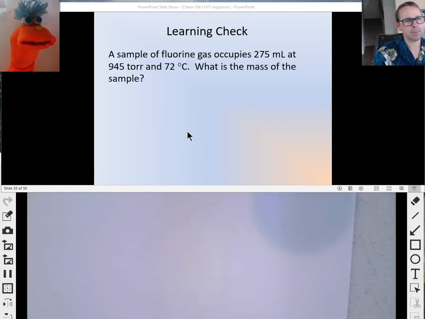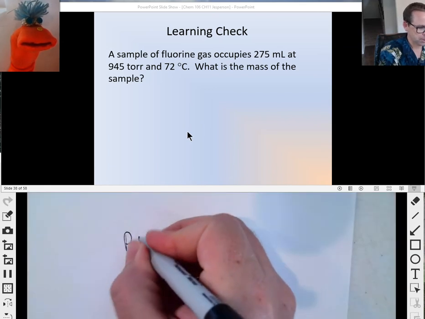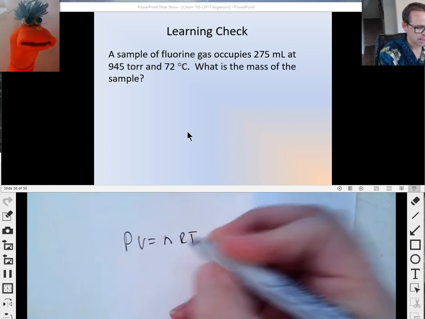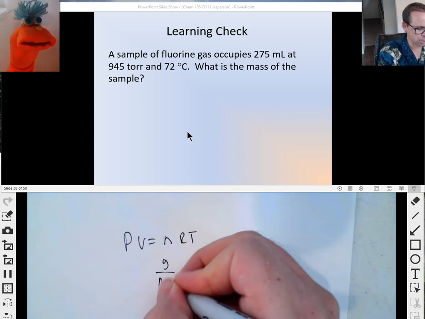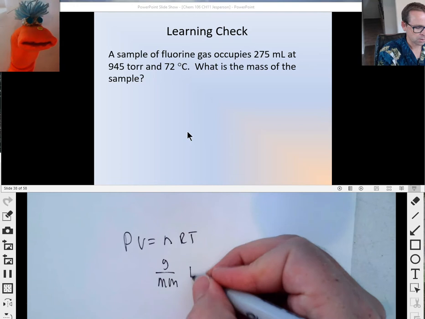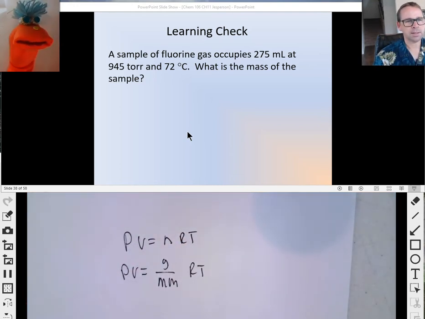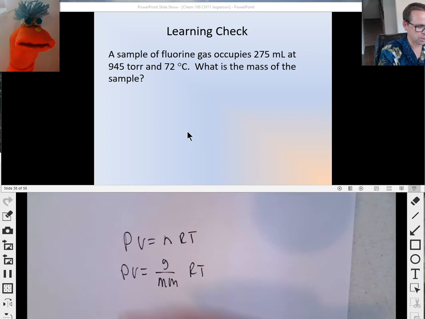All right. What is the mass of the sample? Sample of fluorine gas occupying 275 liters. PV equals nRT. n can be expressed in grams over the molar mass, right? What is the mass of this sample? 0.275 is our liters.